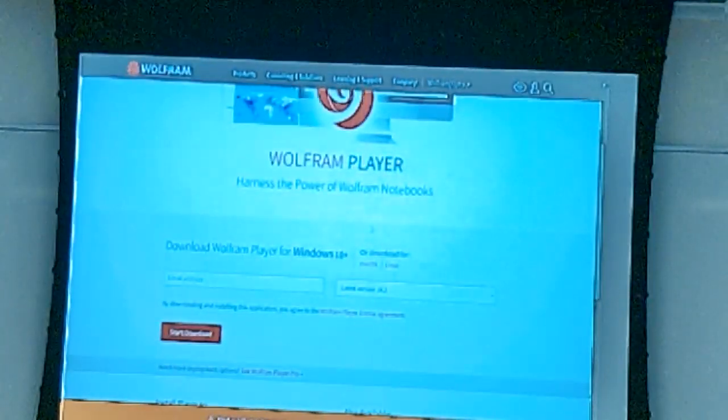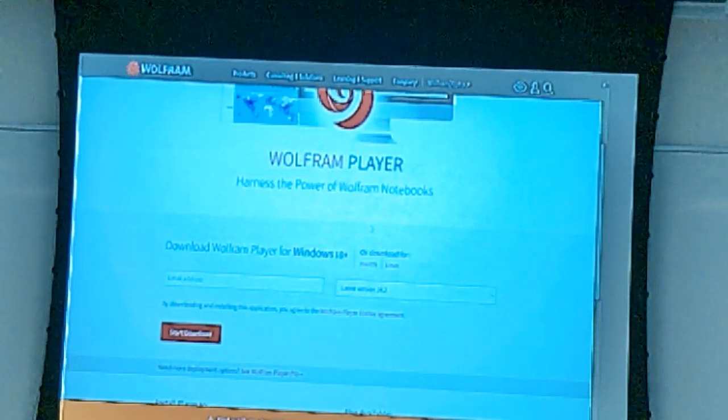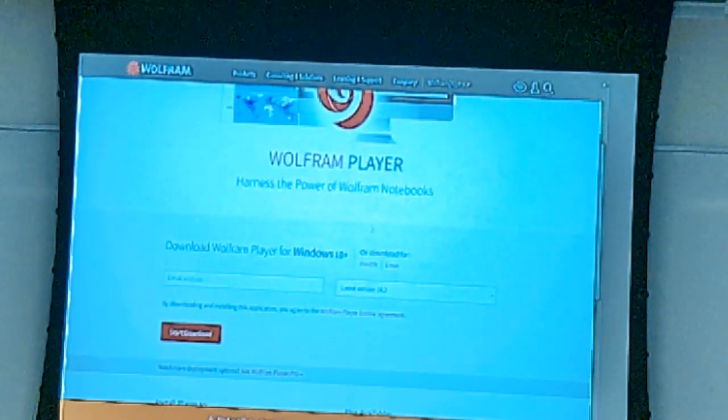You just want the Wolfram Player, which is a free app. It lets you view, but that's all it's going to let you do. It won't let you execute anything. It's just there to let you view the notebook files, which is what a Wolfram file is.